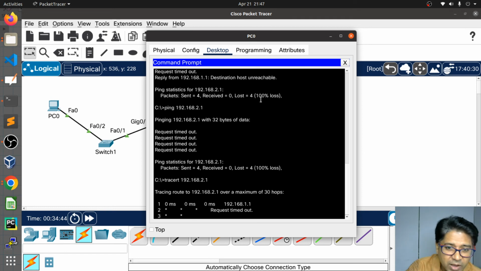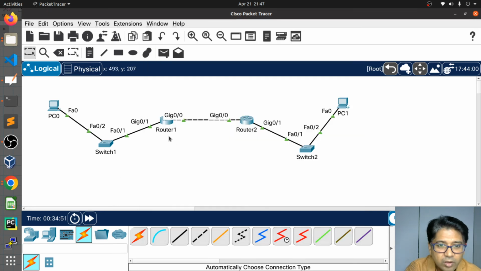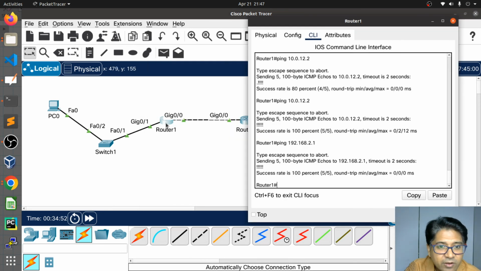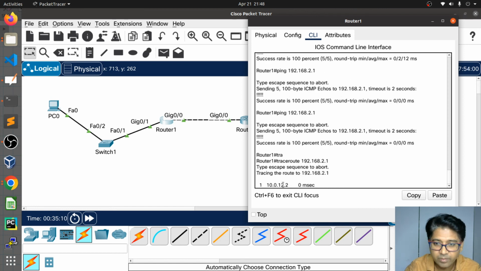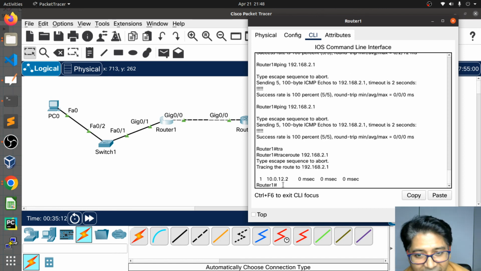Let it continue. It gives request timeout. What happened here? Why did he get a reply back for the same subnet? Let's do the traceroute. The answer is here.